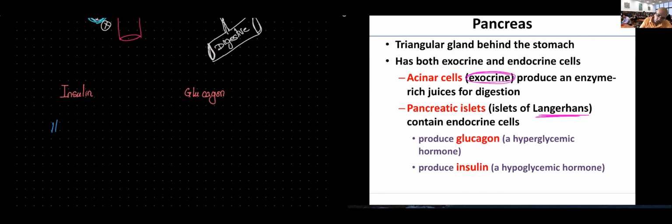What I mean by hypo means low, glucose, emia, blood. Like anemia, low red blood cell count, low hemoglobin levels, low oxygen carrying capacity. Anemia simply means without blood. Emia means blood.